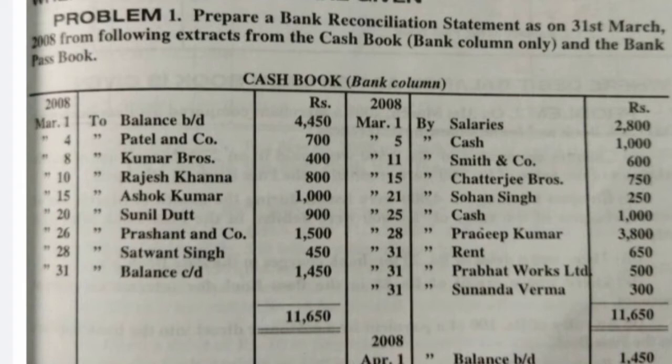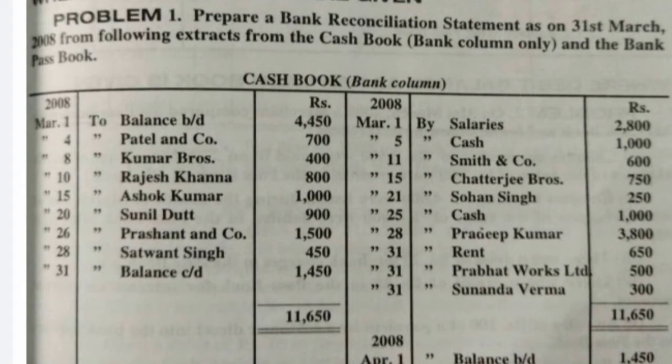But if you want to note the alternative solution, we can start with the credit balance as per passbook, meaning favorable balance. If we take the favorable balance as per passbook, then we need to see what is happening in the cash book.